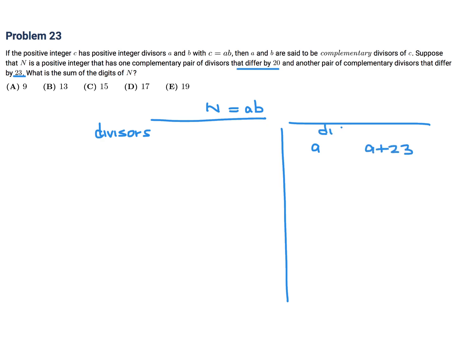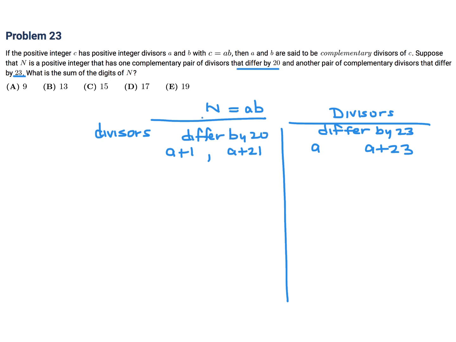So these are the divisors that differ by 23. And then divisors that differ by 20, we're going to call A plus 1 and A plus 21. Not A and A plus 20 would be the logical way of writing it, but when you write it like this, it actually makes the calculation easier.